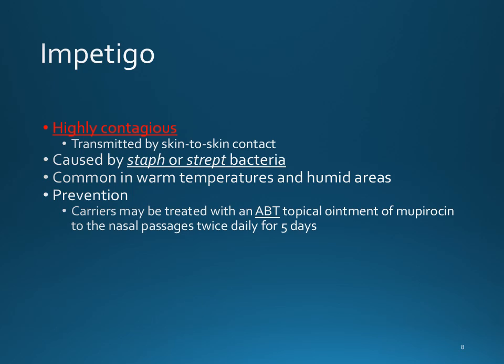As far as prevention, and you'll find that people will tell you this with a lot of the bacteria that can reside in the nose, that using an antibacterial ointment like mupirocin, that is an antibacterial ointment. So if you've ever seen antibacterial ointments that you put on a wound and then put a Band-Aid over, that's what this is.